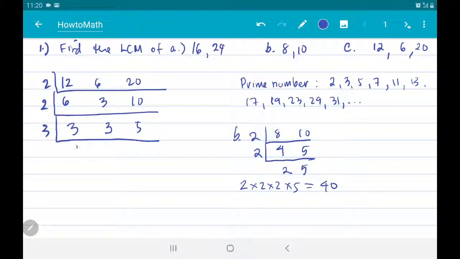So 3 and 3 become 1 and 1, and then 5 cannot be divided by 3 evenly, so just copy 5. So the answer is 2 times 2 times 3 times 5. That's the LCM of 12, 6, and 20. So that's 2 times 2 is 4, times 3 is 12, times 5 is 60.